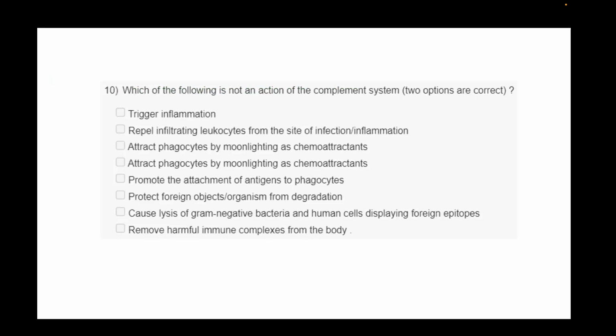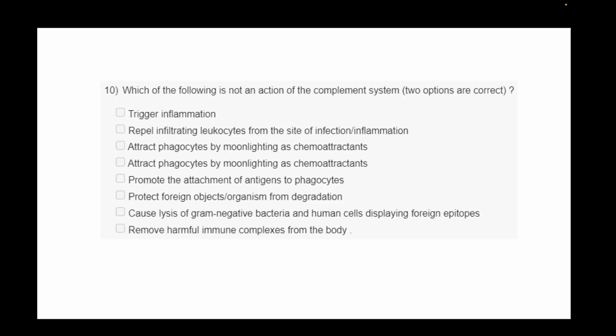Now next question. Which of the following is not an action of the complement system? You have to select two correct options here. Options are: Option 1, trigger inflammation. Option 2, repel infiltrating leukocytes from the site of infection or inflammation.